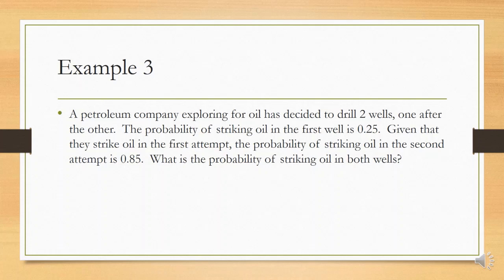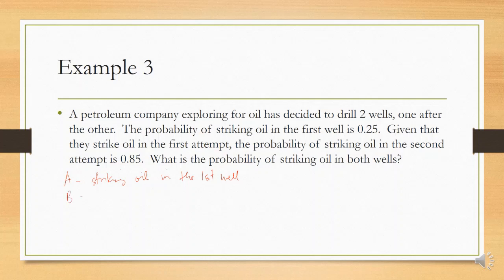Okay? So, kung mapapansin natin, it is very easy for us to understand the problem kapag sinulat mo yung given. No? So, let's have event A as striking oil in the first well. Yung dinig nilang well, no?